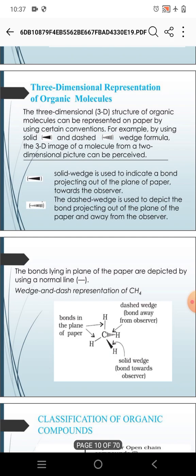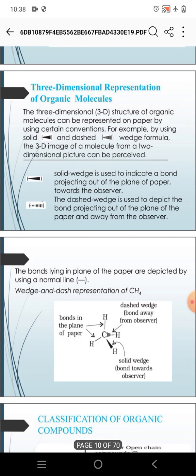The solid wedge is used to indicate a bond projecting out of the plane of the paper towards the observer, and the dashed wedge is used to depict a bond projecting out of the plane of the paper away from the observer.